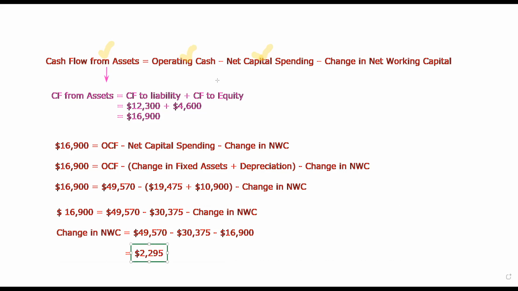Because they asked us to calculate the change in net working capital, we get the values for each of the components, and at the end, we get the final answer.